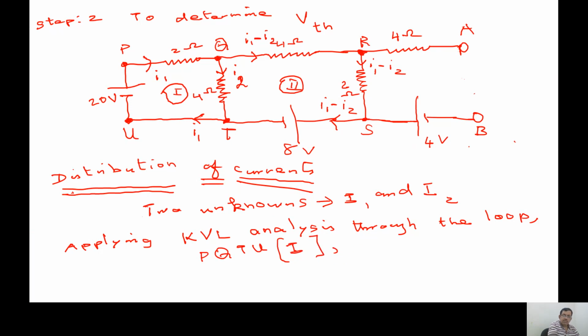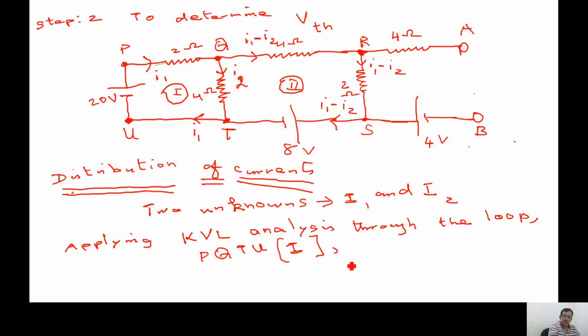So loop 1 we are running. You can see that I start at the point P. There is a voltage drop across the 2 ohm resistor over here, and then there is a voltage drop here. Then I2 flows through the 4 ohm in the arm QT, and then I1 is what it is here. It comes back.